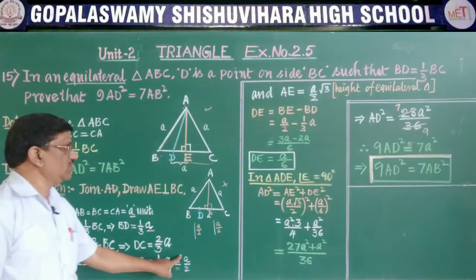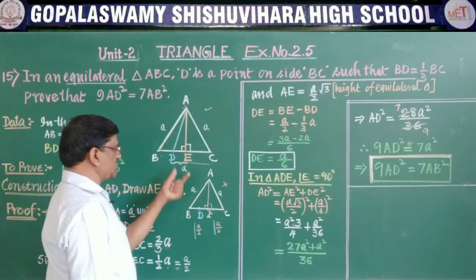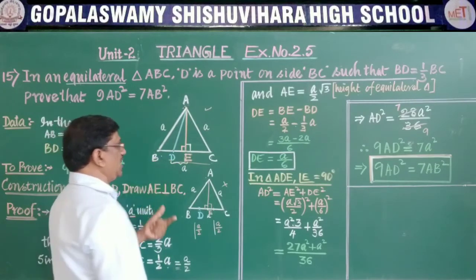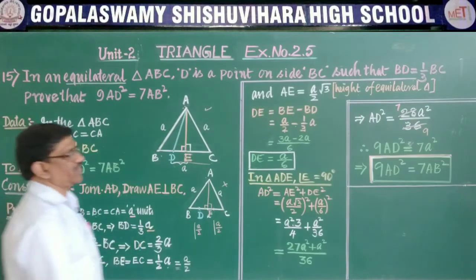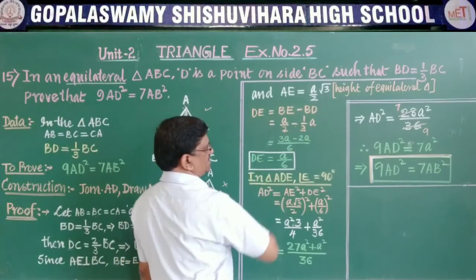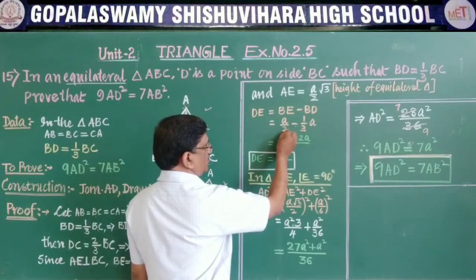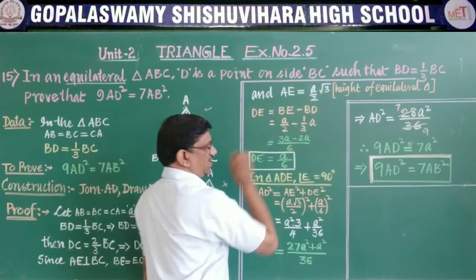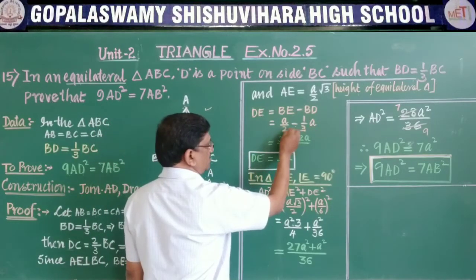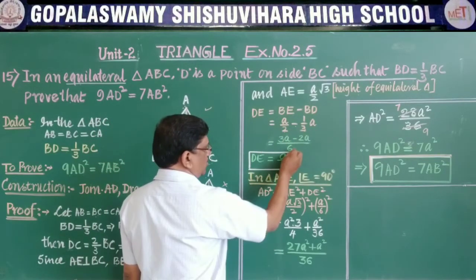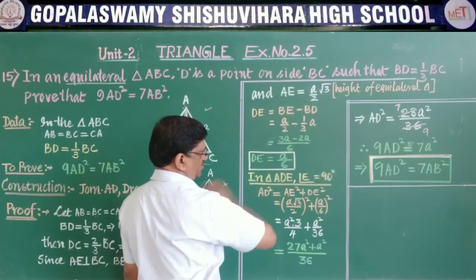BE is equal to A by 2, isn't it? Minus, what is the length of BD? BD is equal to 1/3 of A. So whenever you simplify this, you have to take the LCM, because this is subtraction of fractions. What is the LCM of 2 and 3? It is nothing but 6.